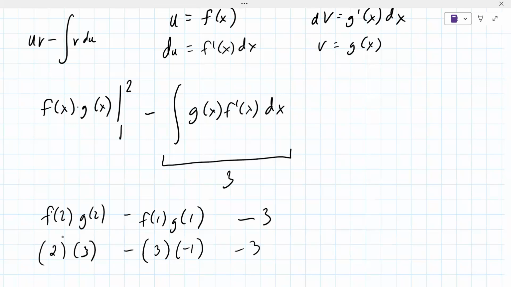So it would be just 6? Well, looks like this is +3. Yeah, it looks like it's just 6, which hopefully is one of the answers. It is.